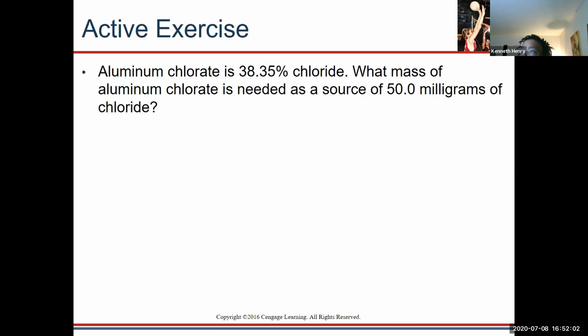Aluminum chlorate is 38.35% chloride. What mass of aluminum chlorate is needed as a source of 50.0 milligrams of chloride? Okay, so what am I going to do for this?